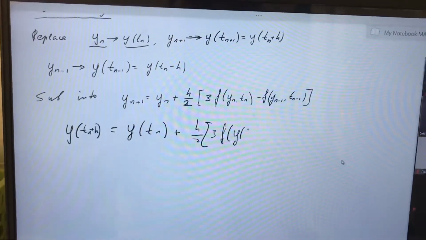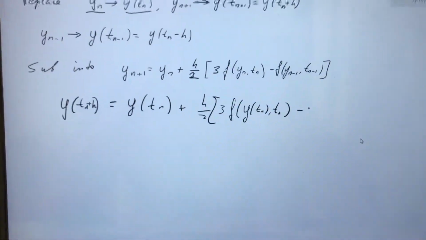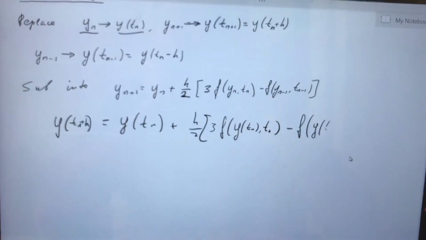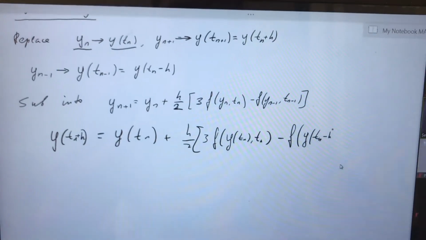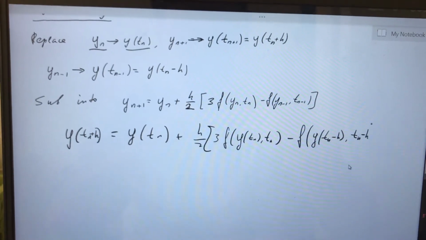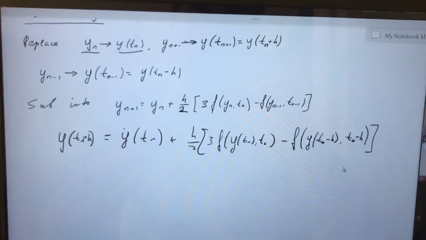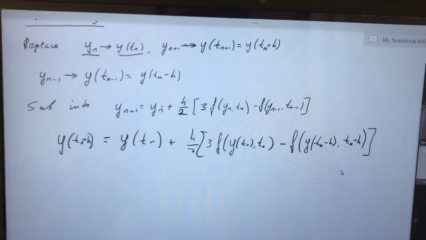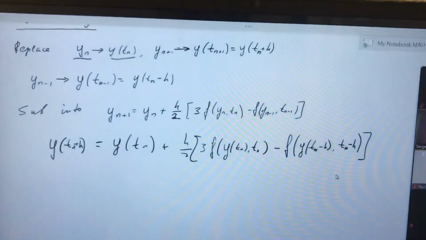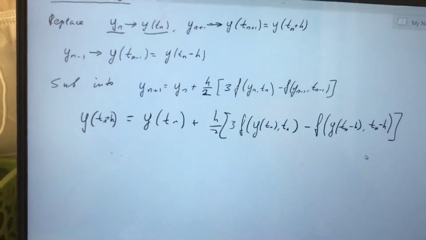Now instead of y_n, I have y at t_n minus f. Instead of y_{n-1}, I have t_n minus h, t_n minus h. In other words, we are applying our finite difference algorithm to the exact solution of some differential problem, and we are trying to figure out what this differential problem is.